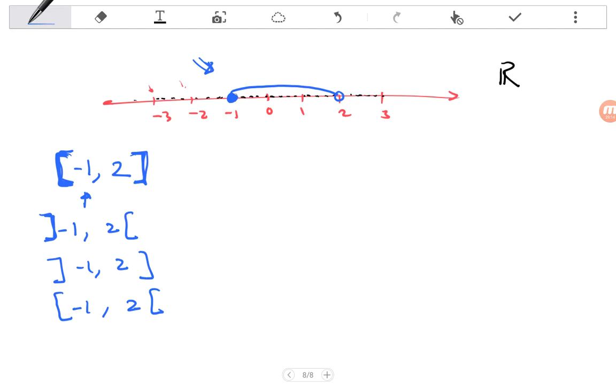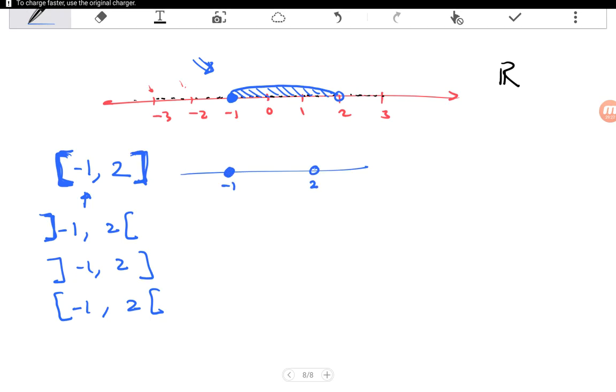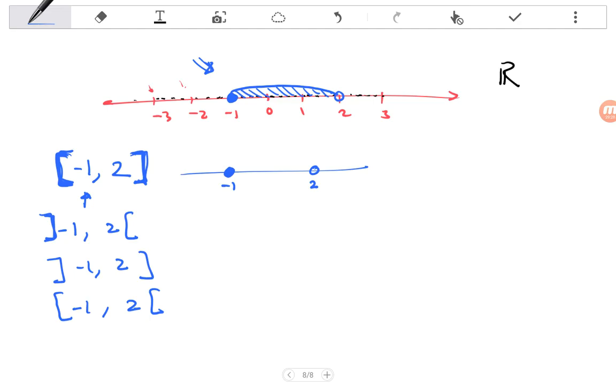By this shading, we know that -1 is included. Is 2 here closed or open? It is also closed, so I will shade it like this. So this is that interval. Now, how many numbers are there in this interval, from -1 to 2? How many numbers do I have in this interval?